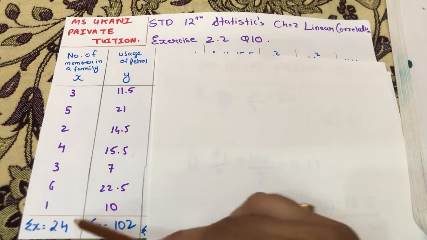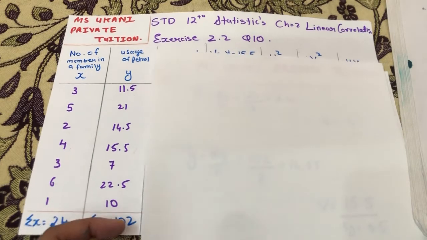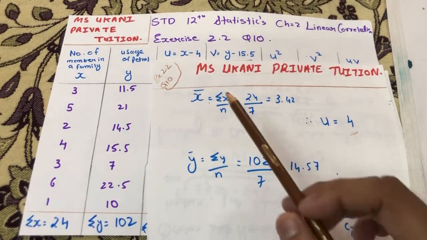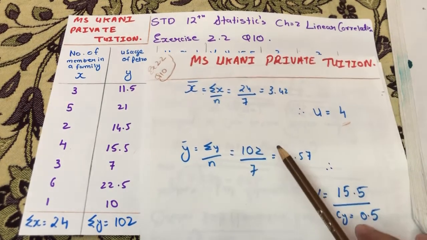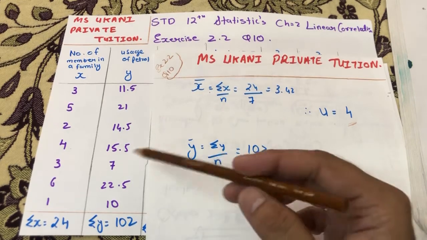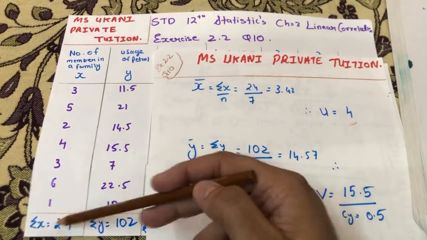After adding both these columns, our third step is to find X bar and Y bar. Here X bar is summation X upon N. N is our number of items, that is given as 1, 2, 3, 4, 5, 6, 7.